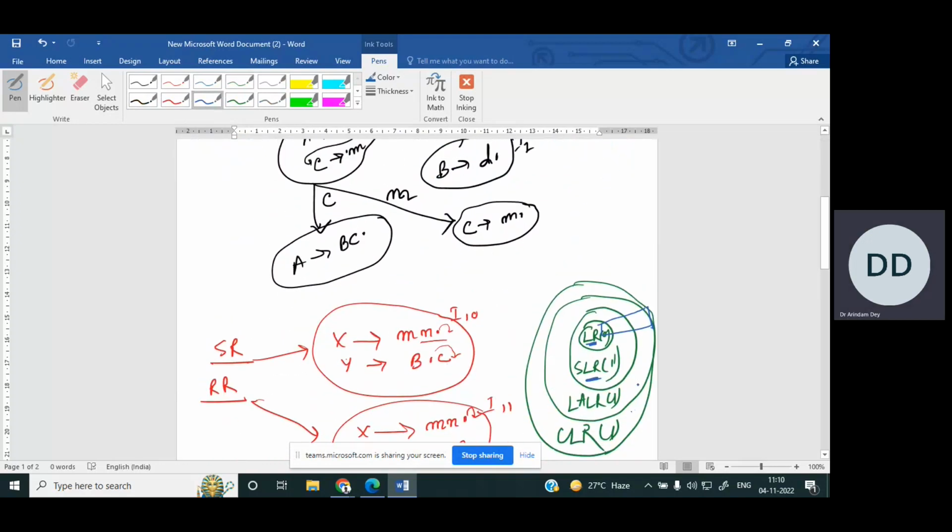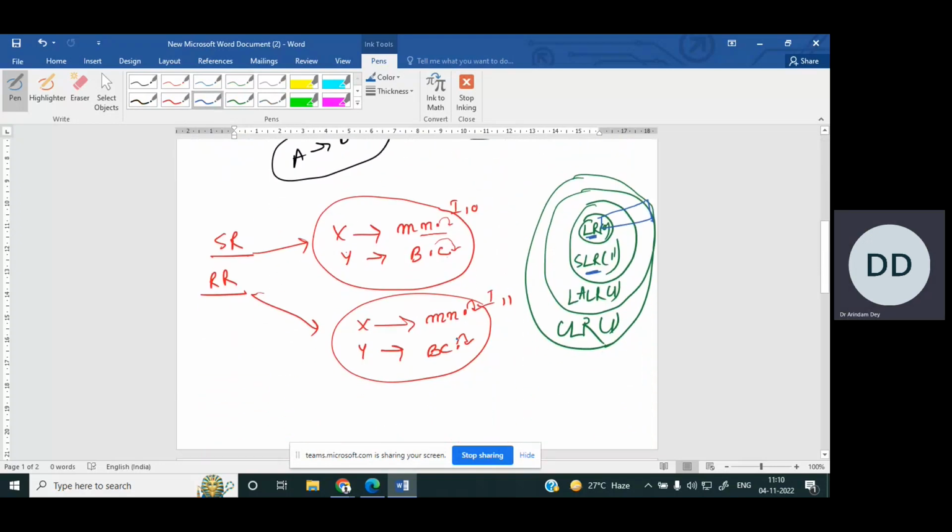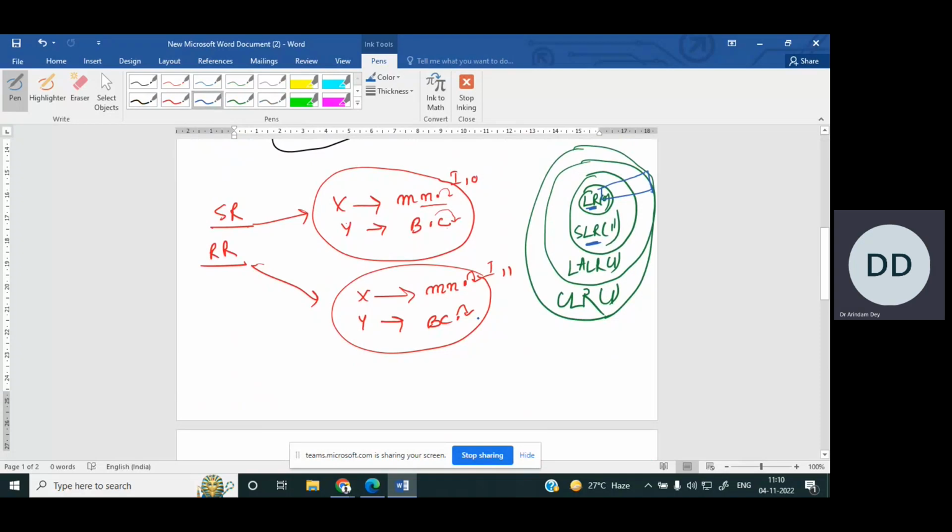Okay. So the first thing you have to remember. What thing you have to remember? The first point, you should note down.